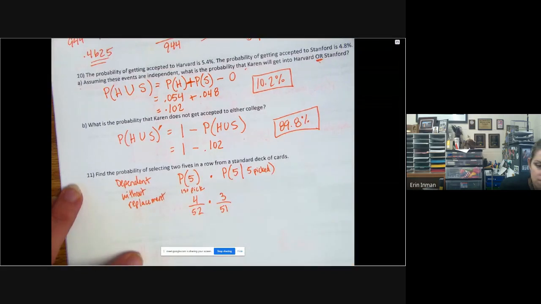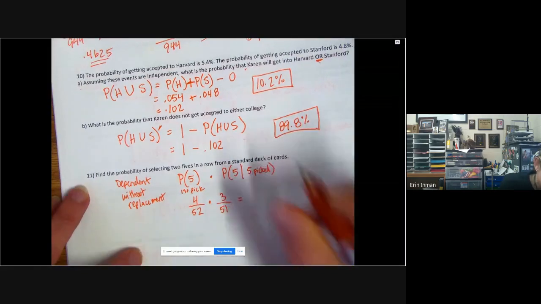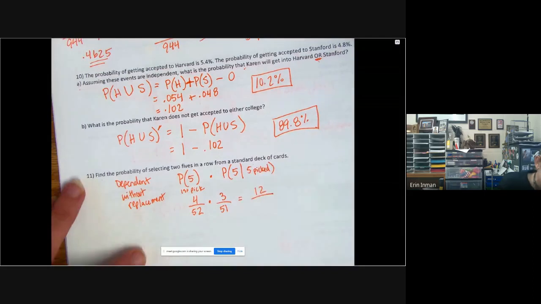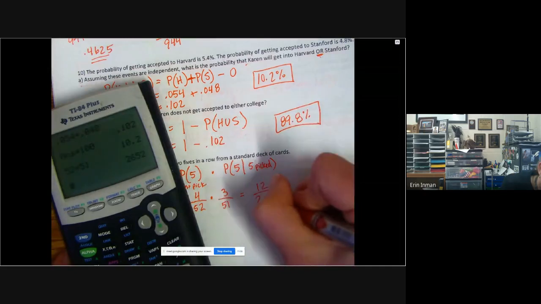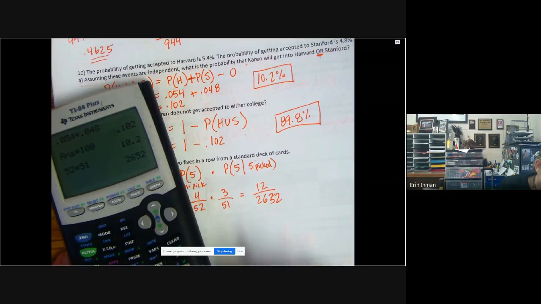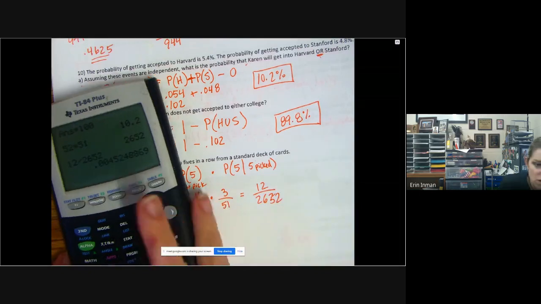there's only 51 cards. So if I look at doing this, this would be 12 over 52 times 51, which is a big number, 2,652. I'm going to go ahead and just turn this into a percent, because that might mean a little bit more to us.